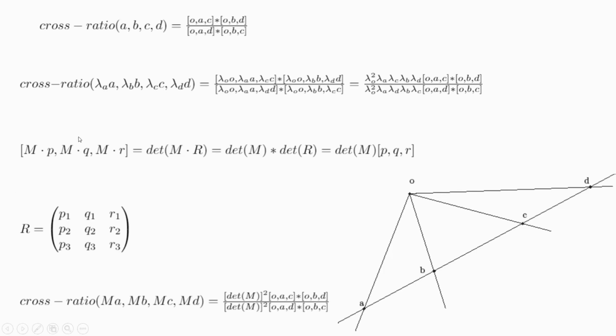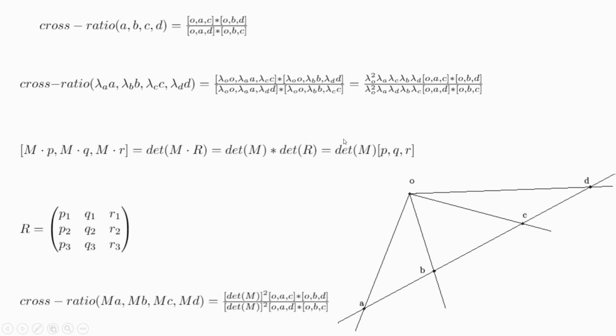Then we can apply this equality. We use a new definition for R with these points. This is just the same, and here the same algebraic identity we used before, and then this definition is just a different way of writing this. And so we can see that the cross ratio of the transformed points is still the same, because the determinant cancels, and the cross ratio is just this again.